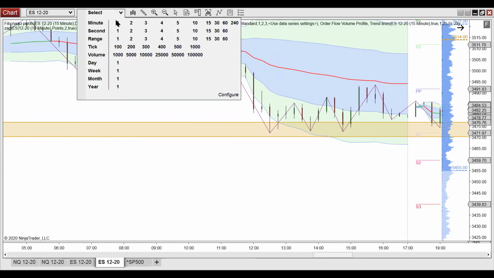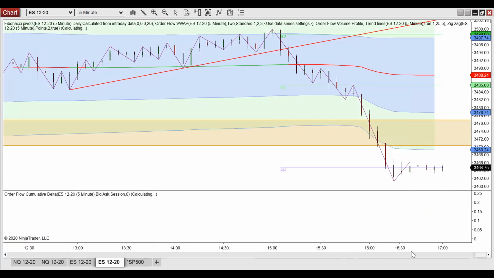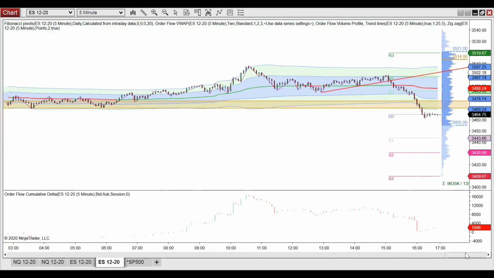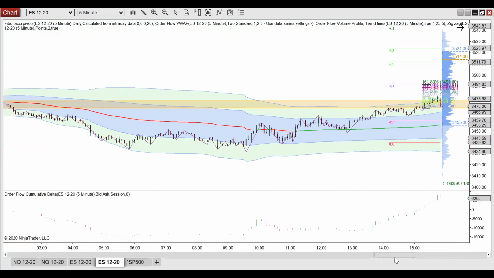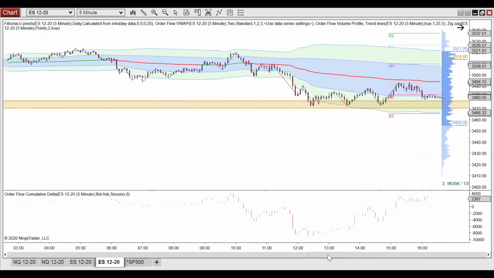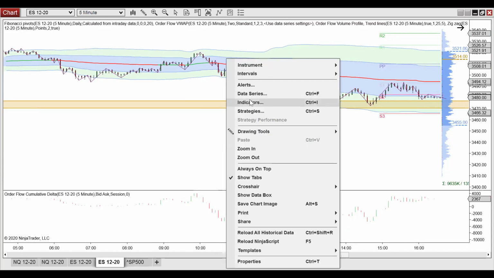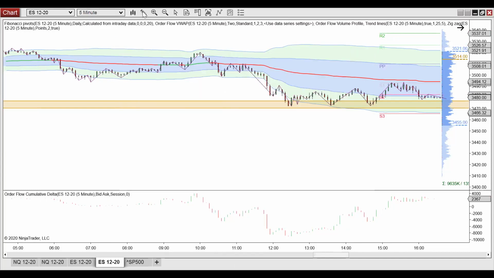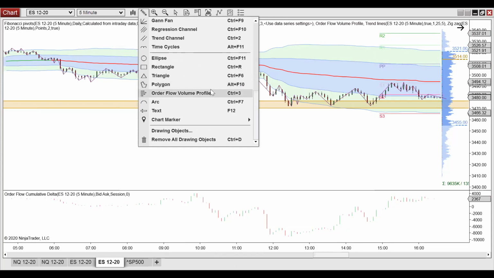Let's do it in 5 minutes so we can see those lines better, because you want a smaller time frame on here. From here to here, I think this is what we did right here. And we're not going to have the trend line there because normally it's just the trend line on the futures.